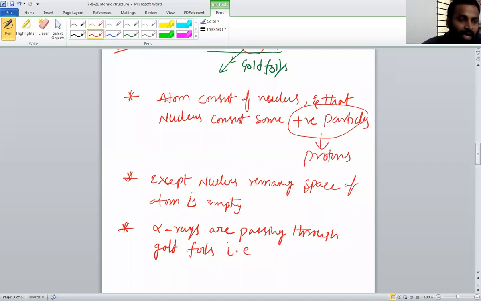What is the meaning? Alpha rays means positive.